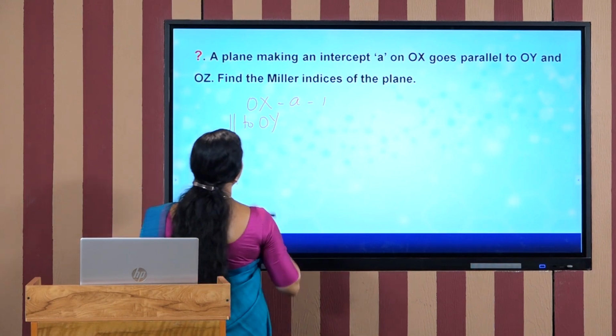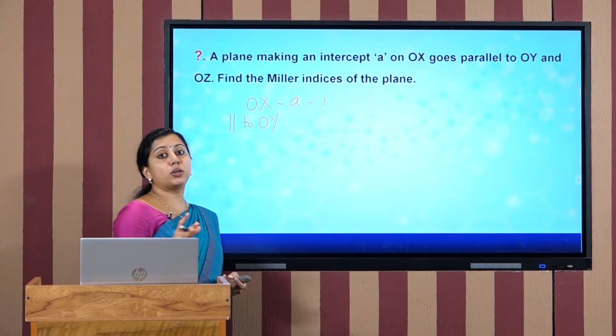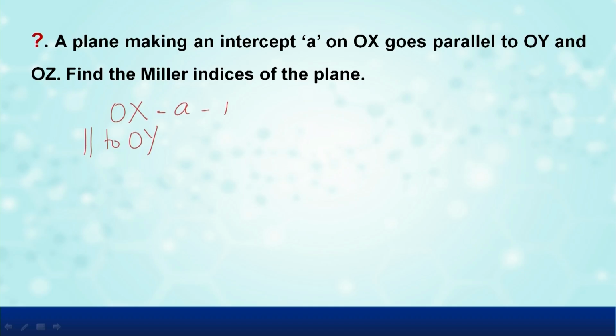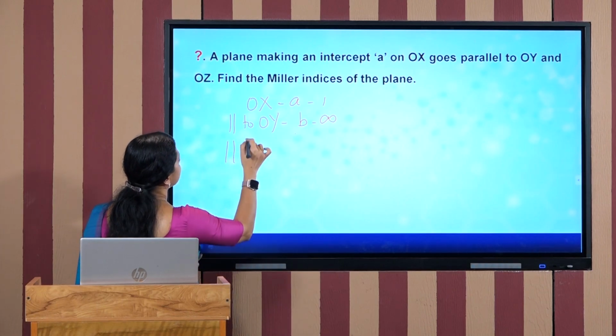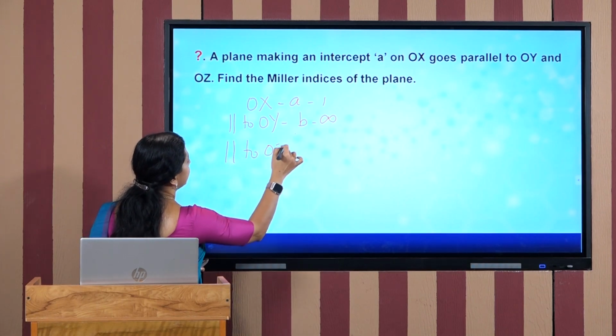When it goes parallel to OY, that means it does not cut the y axis, or it never meets the y axis. So, the coefficient will be infinity. Now, similar is the case with OZ, it also goes parallel to OZ.